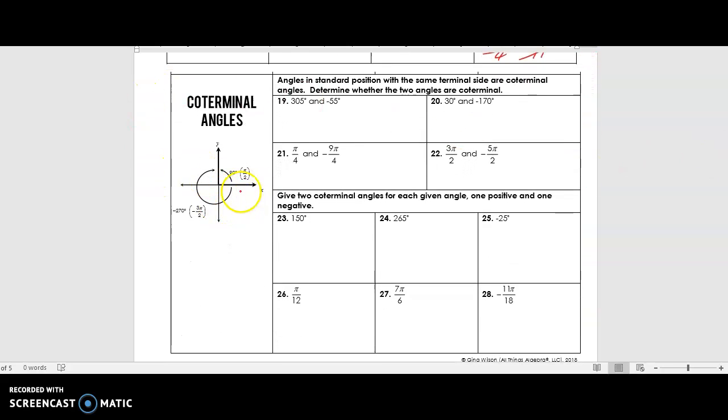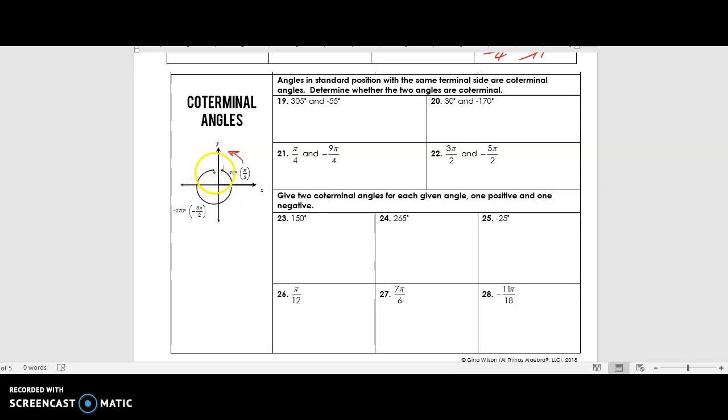We were talking about this a little bit, right? So here you have 270 degrees. Suppose there is 90 degrees. From the positive x-axis to 90 degrees, it's positive.